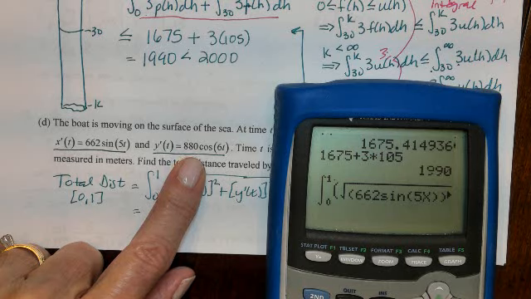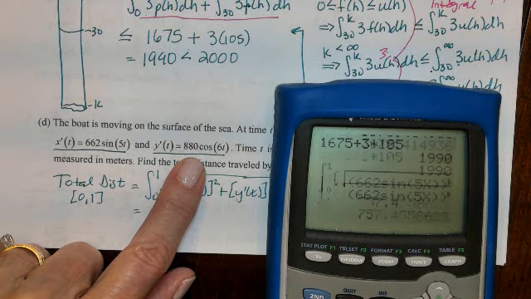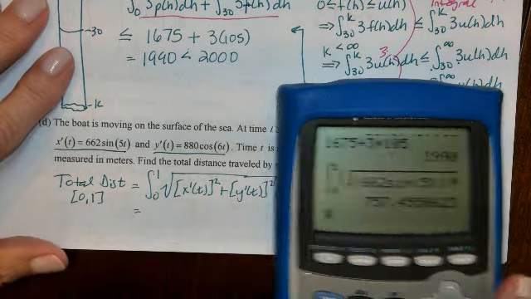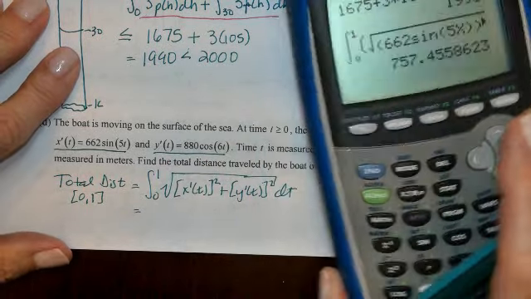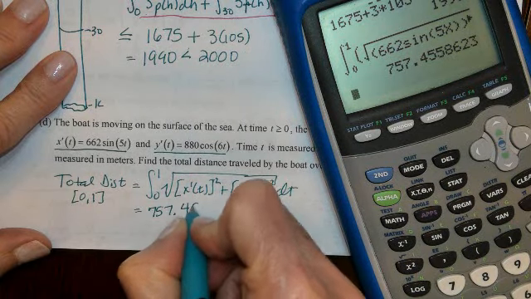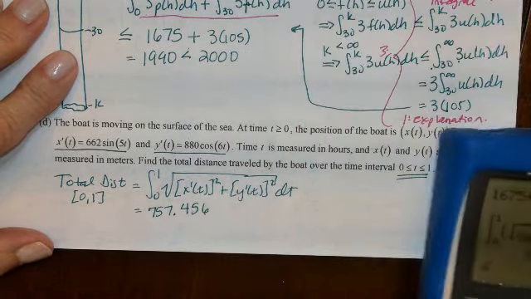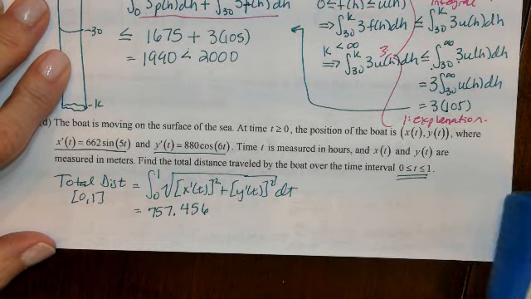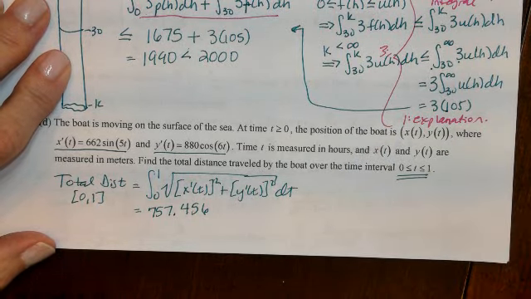See if I punched it in right here. It's going. Okay, so I got 757, and it looks like we can round it. 757.456, and that would be in meters. Okay. They didn't tell me to use units, so I don't need to write units there.